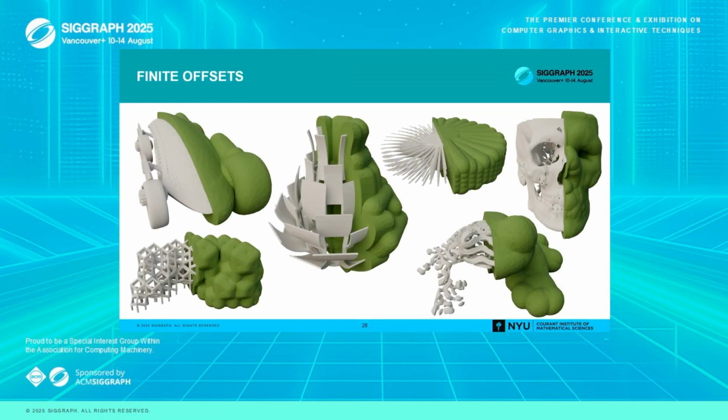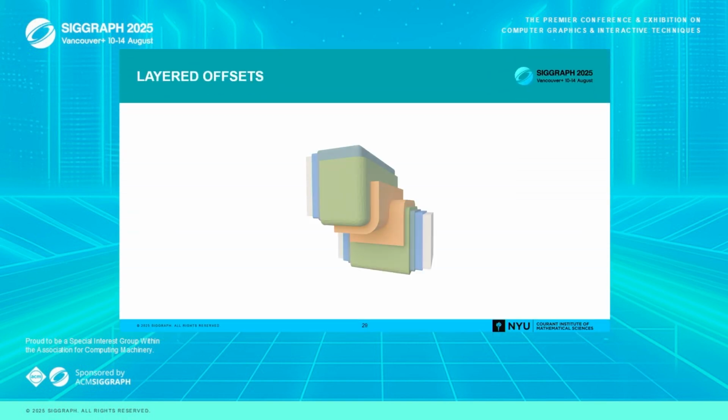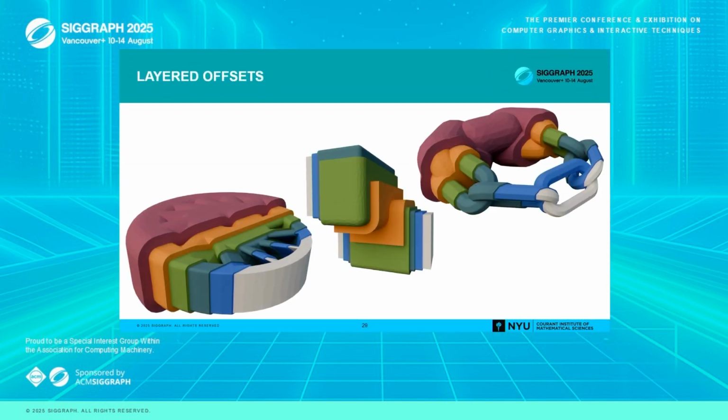With just a tiny modification, our method is also capable of generating finite offsets, the classical offsets again. And these offsets are also self-intersection free and have no intersections with the input. So I could finally solve the problem that I had with my previous method. And even more, we can also generate multiple offset layers.